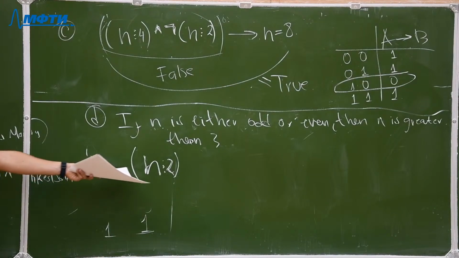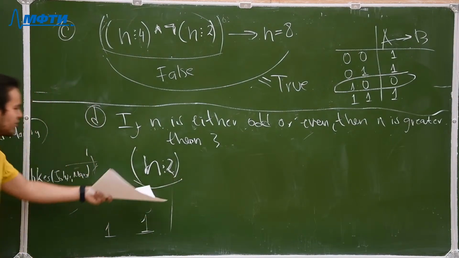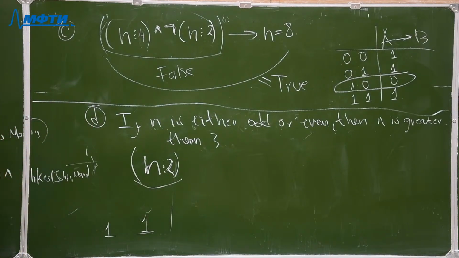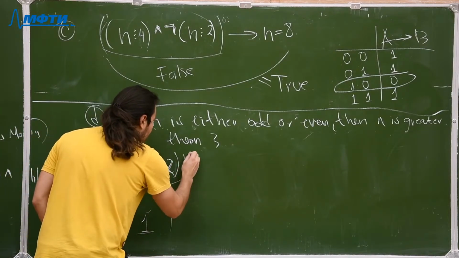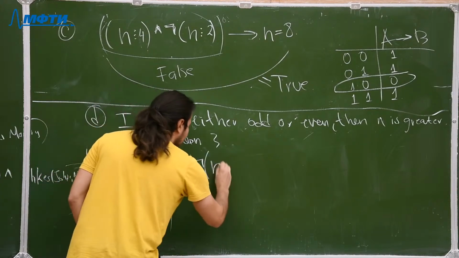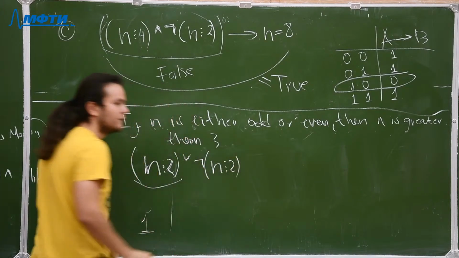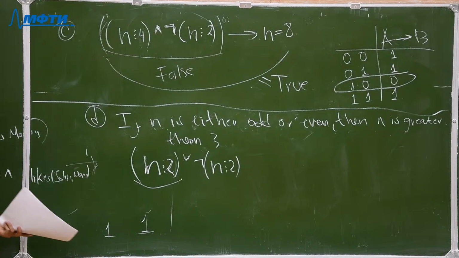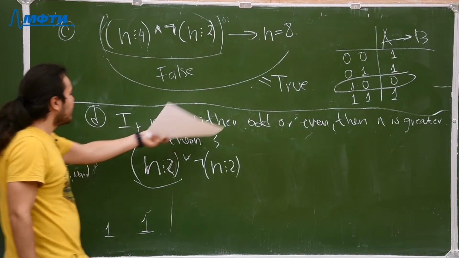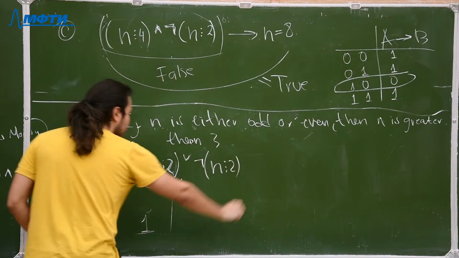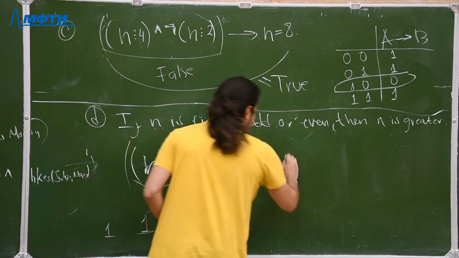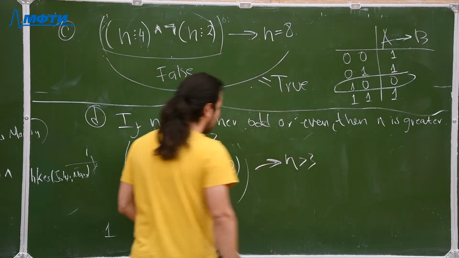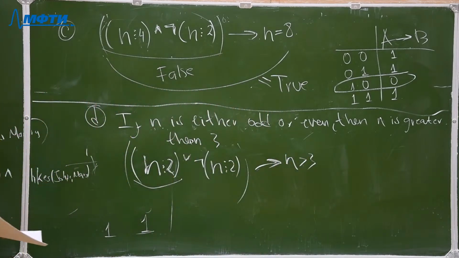Okay, so this is an even number, right? And now, or. That's it. Okay, so if n is either odd or even, then n is greater than 3. Is this true or false?